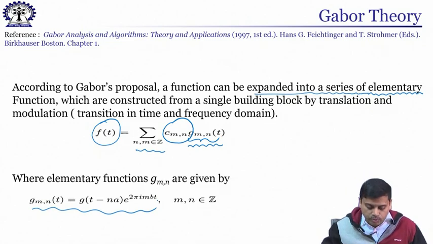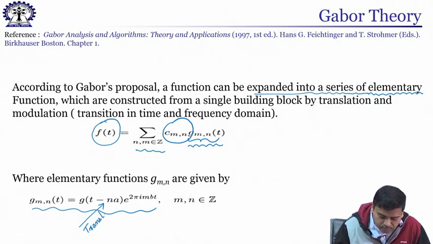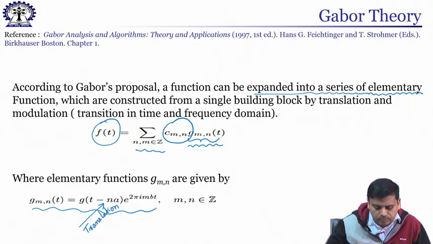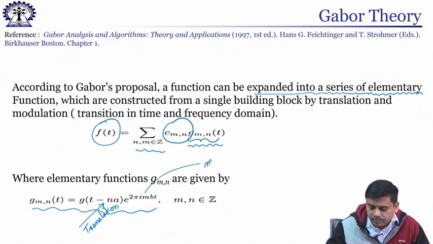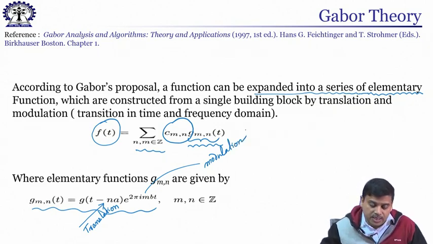We will talk about each, where each of these elementary functions are given by a structure which is this. So, this is more or less self-explanatory for people who work in the domain of signals and systems. What we see is that there is a translation in time, that is what you see over here. What we also see is that there is a modulation in frequency. You can also say there is a translation in frequency and translation in time.